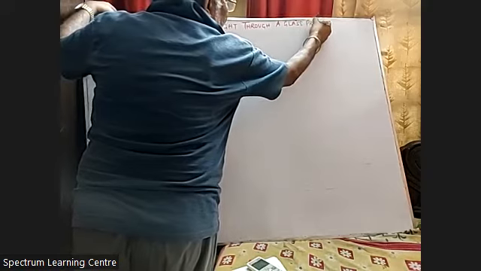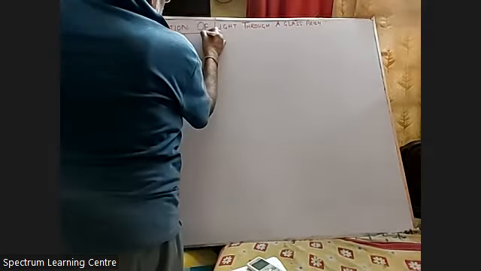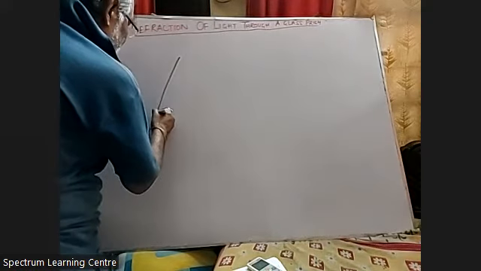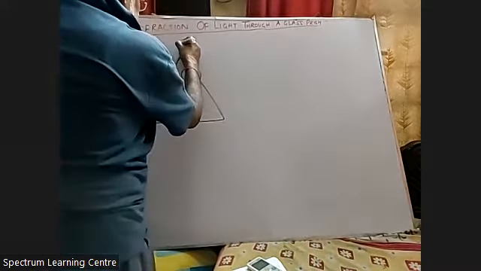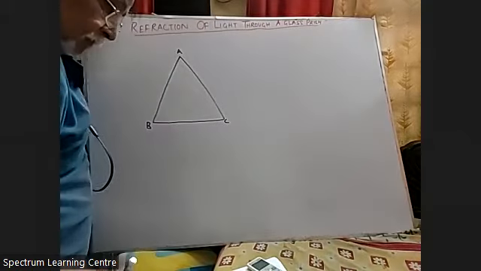As I told you, I will not be making a three-dimensional diagram of the prism while drawing the ray diagrams. Now suppose we have a prism A, B, C.